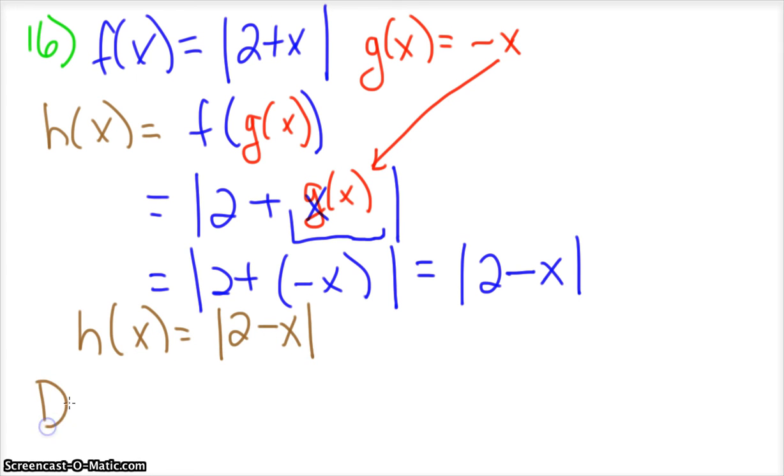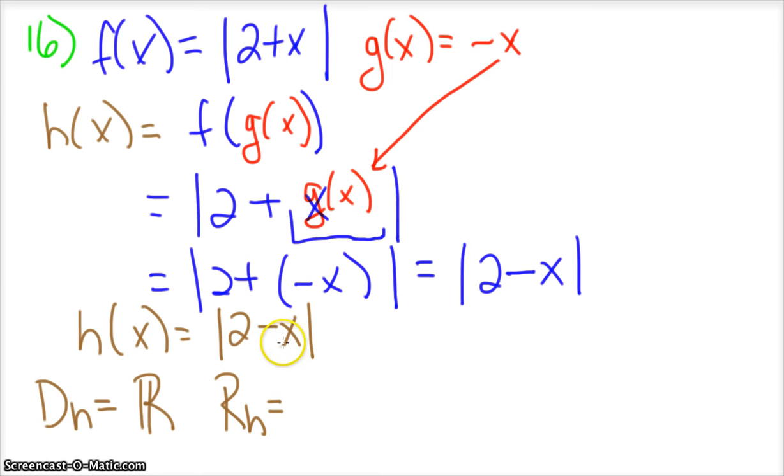What's the domain here? Can I use any number for x? Are there any restrictions on what I can use for the input number for x? No. This is the set of all real numbers. The range, what number am I going to get out of here?